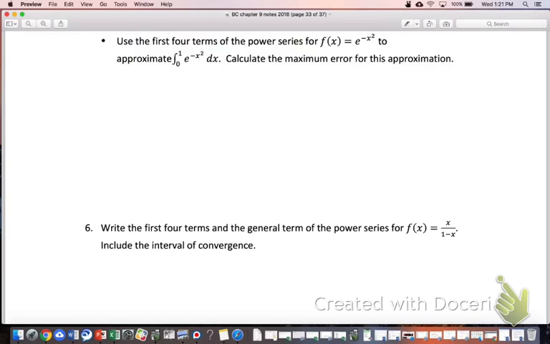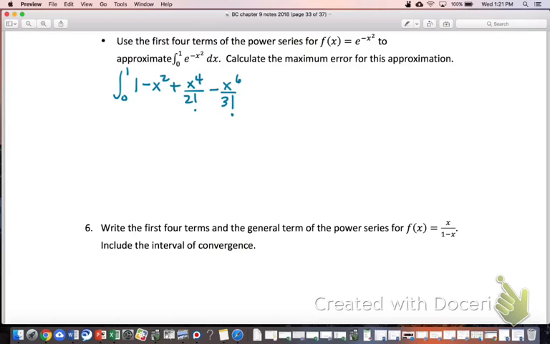So from the previous question, we got the integral from 0 to 1, and that series we came up with was 1 minus x squared plus x to the 4th over 2 factorial minus x to the 6th over 3 factorial.